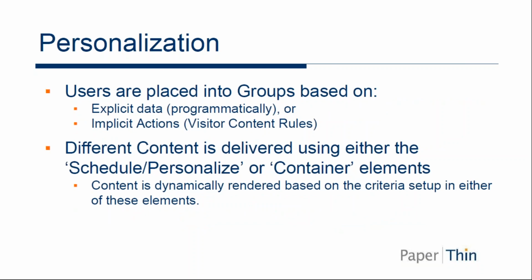Okay, so then the next thing to understand is that when you're creating personalized content for site visitors, the site visitors are placed into groups, and they can be placed in those groups either programmatically. For example, in the explicit personalization, if somebody's authenticated, then programmatically, through code that's running on the site or in CommonSpot, these site visitors can be placed into a particular group, and then based on that group, you can personalize for them.